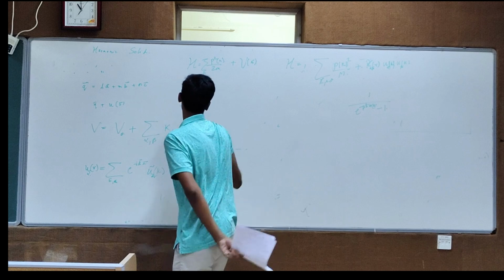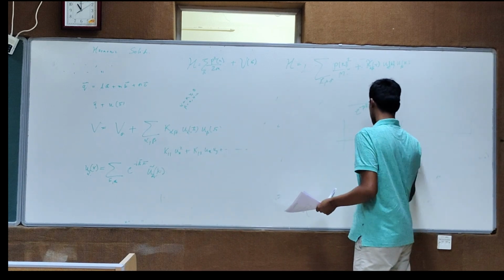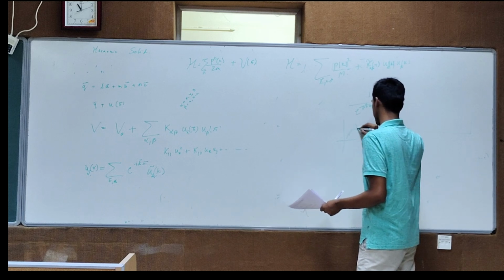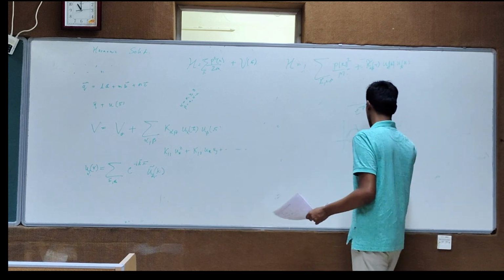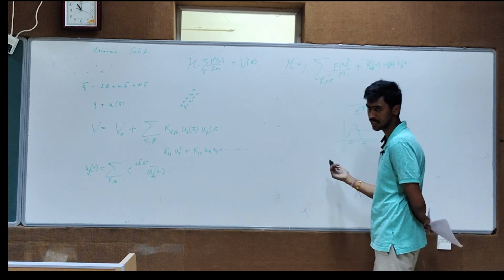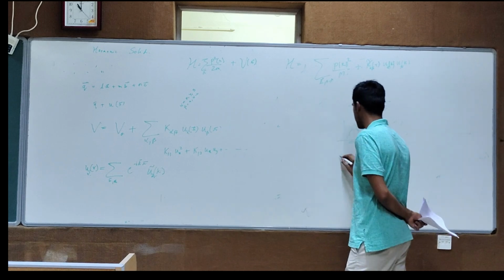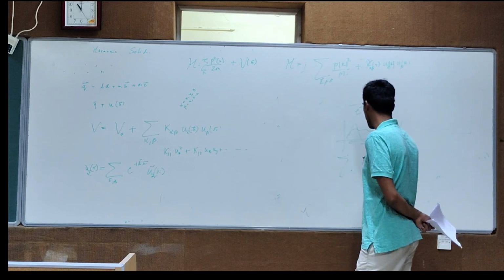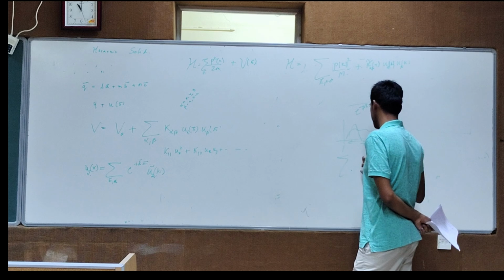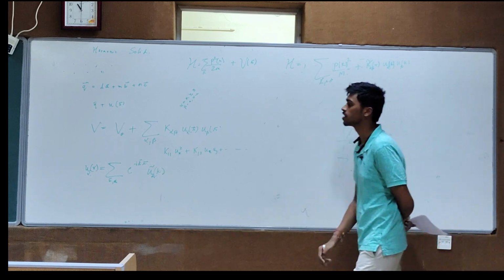So if you have a periodic function in one dimension with a time period T, you can write it as a Fourier series, right? So that is a sum of terms with omega naught, 2 omega naught, and so on.